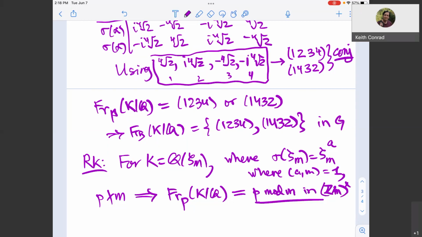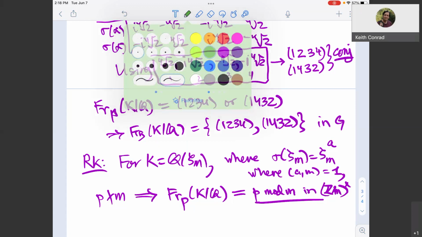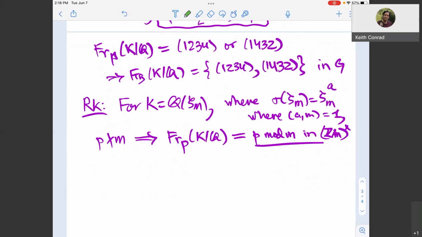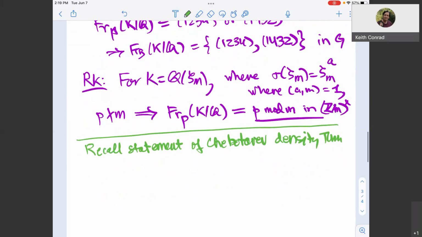So let's switch to green now. So let's now recall the statement of the Chebotarev density theorem, for Galois extensions of Q. And let's just make a little bit of notation here.